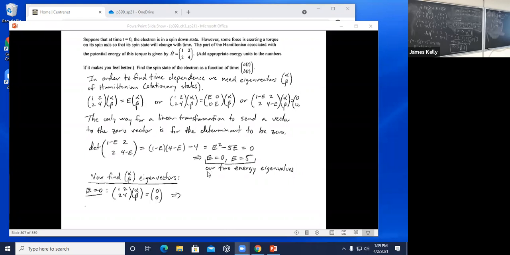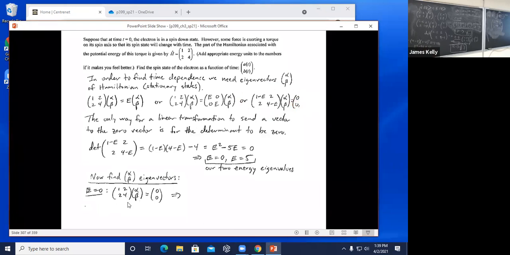And now I've got to do the work to find the eigenvector corresponding to E equals 0. And remember, you can't have a 0 eigenvector, but a 0 eigenvalue is no problem whatsoever, as long as it corresponds to a non-zero eigenvector. So I plug those back into this equation up here.